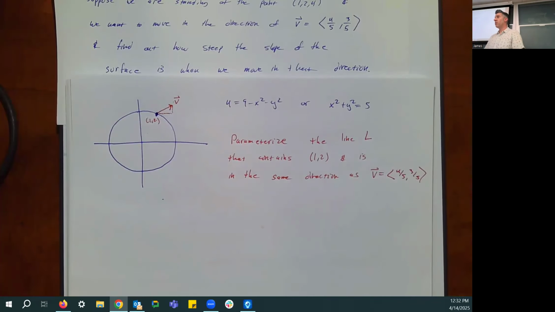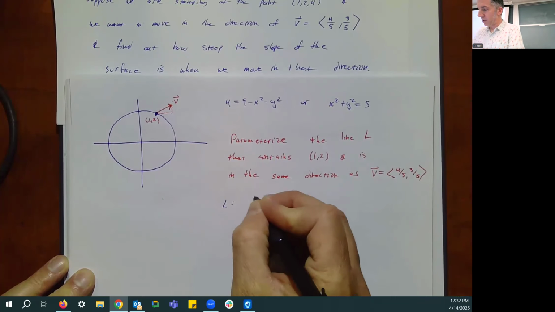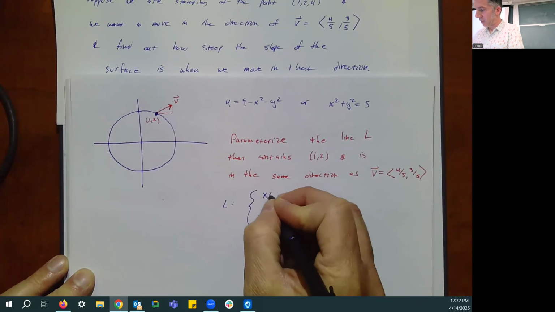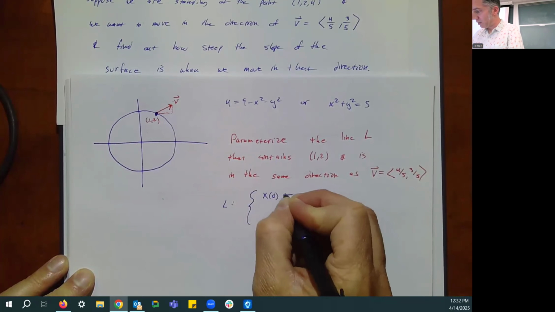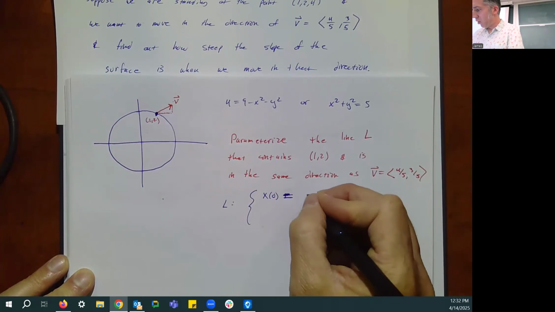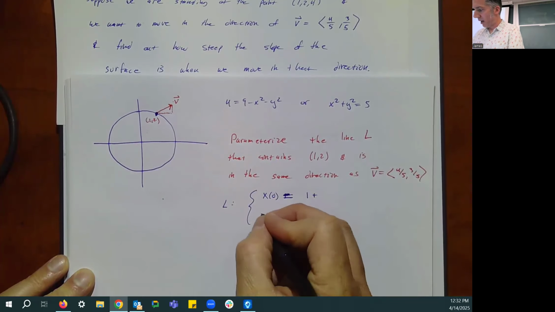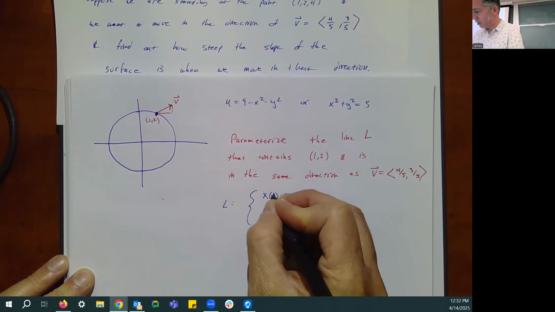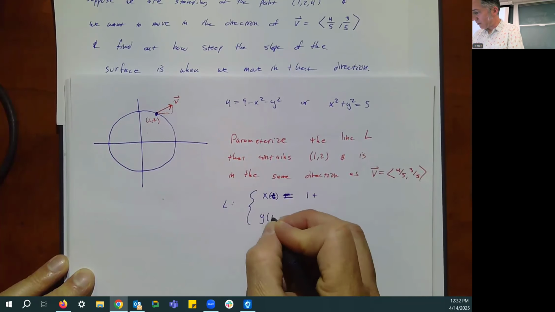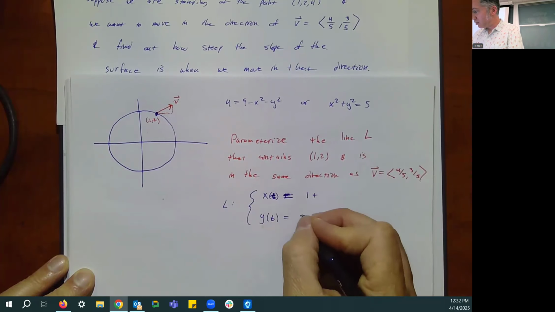It's not too terrible. We could imagine that at t equals 0, we're at (1, 2). So our line equation is going to be x of t is equal to 1 plus something, and y of t is equal to 2 plus something.